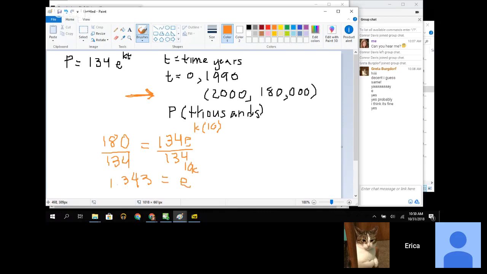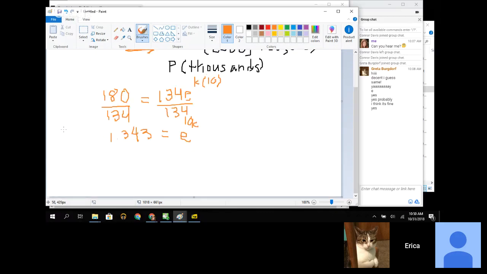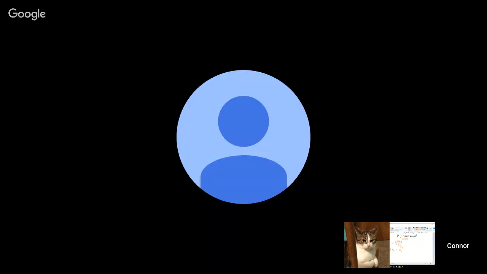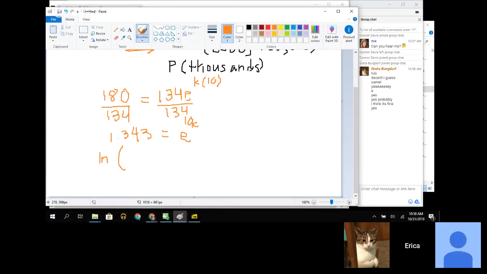So now what do we have to do to get k down below? Take the natural log. Yep, take the natural log of both sides, right? I'm going to leave this as a fraction so we can be more accurate. I know I put it as a decimal, but I'm going to leave it as a fraction.